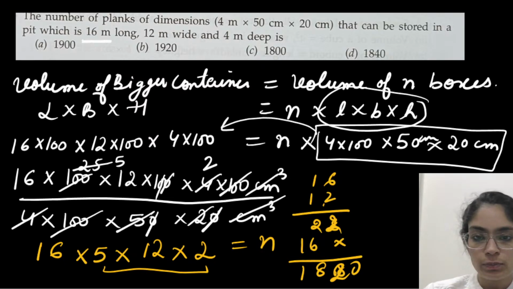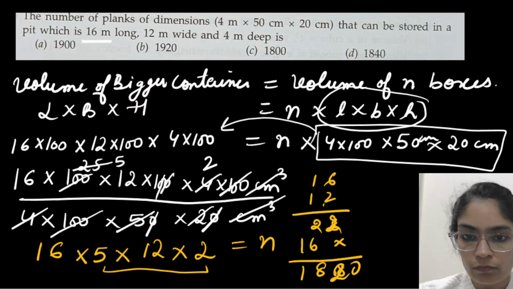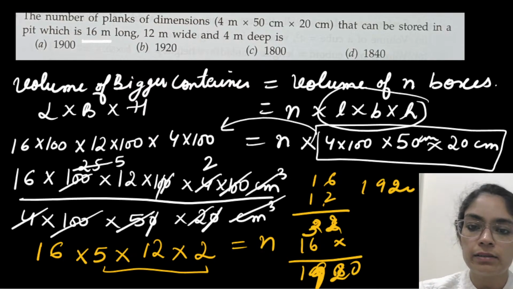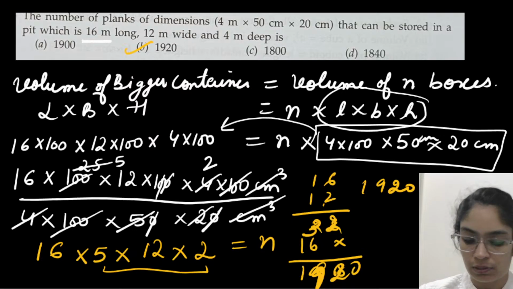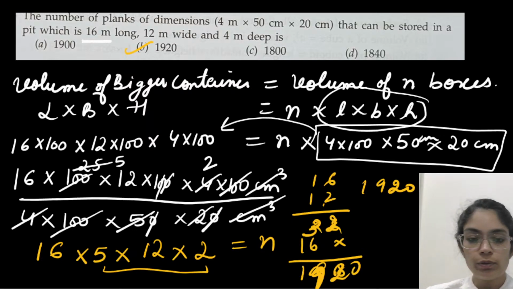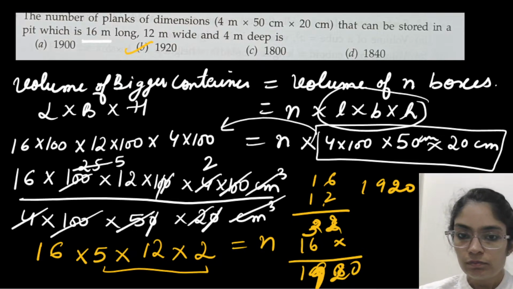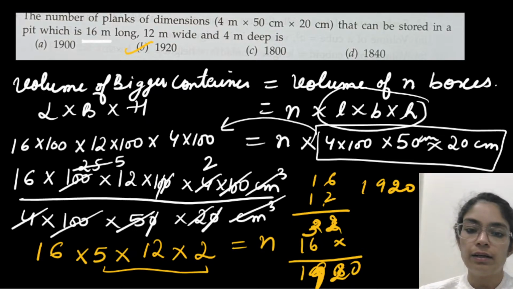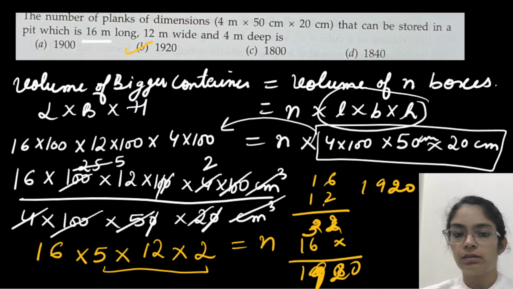Are you all getting this one only? Yes, 1920 is the correct answer, option B. 192 into 10 also you can multiply. So 1920 is the correct answer of this one.